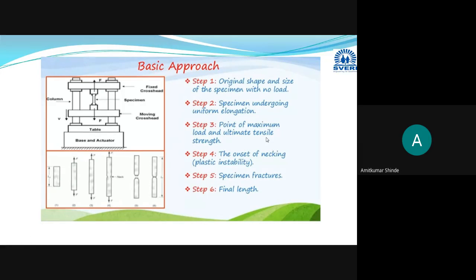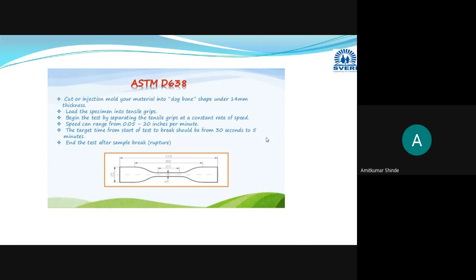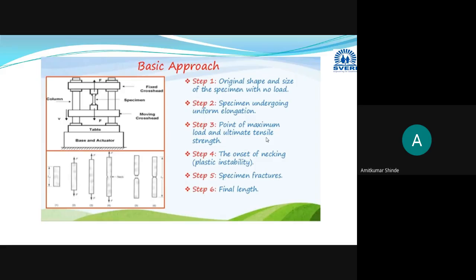At the end, the specimen fractures, and related to that, you have to take the readings. So this is the general tensile testing method.